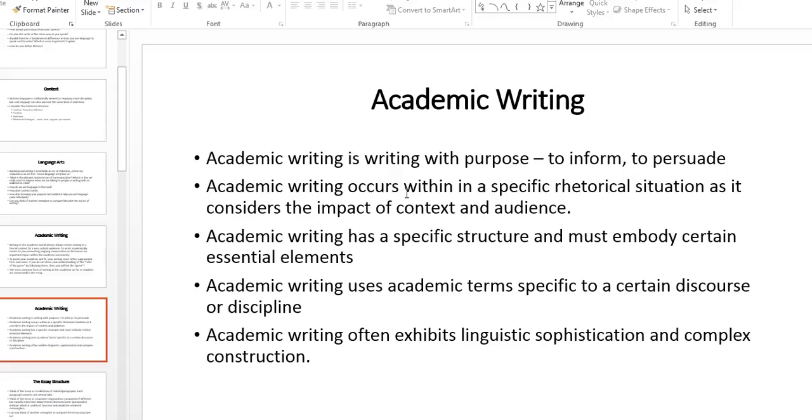Academic writing also uses academic terms, academic language, but also academic terms specific to a certain discourse or discipline. As you go further in your studies and you're writing more papers on biology, for example, or criminal justice, or nursing, or any kind of subfields in medicine, right? You're going to have to use the specialized vocabulary and terminologies of your field that only other biologists or criminal investigators or nurses would be familiar with, okay?